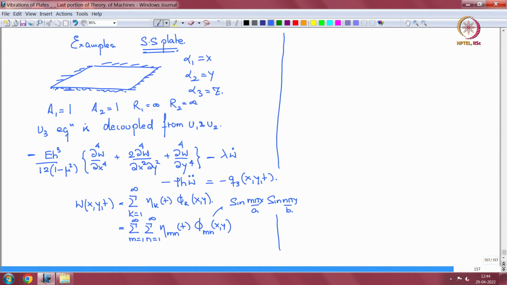So now if I go ahead and substitute this form into this, I get minus, I will replace this with d, okay.